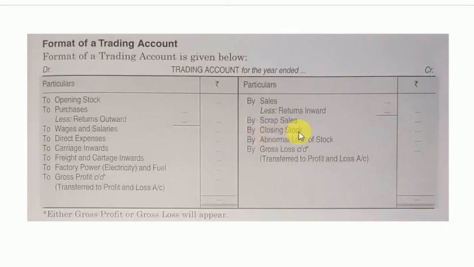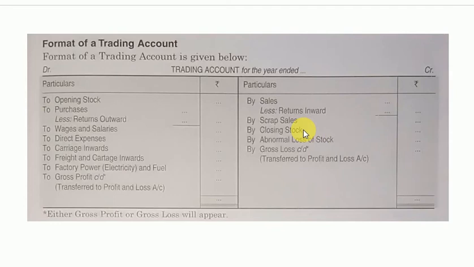And proceed towards another figure, that is closing stock. After the completion of 1 year, if there is any stock remaining in an organization, that stock is known as closing stock. This closing stock will be transferred to the credit side of trading account. If there are any abnormal losses of stock, that will also be recorded on the credit side of trading account.